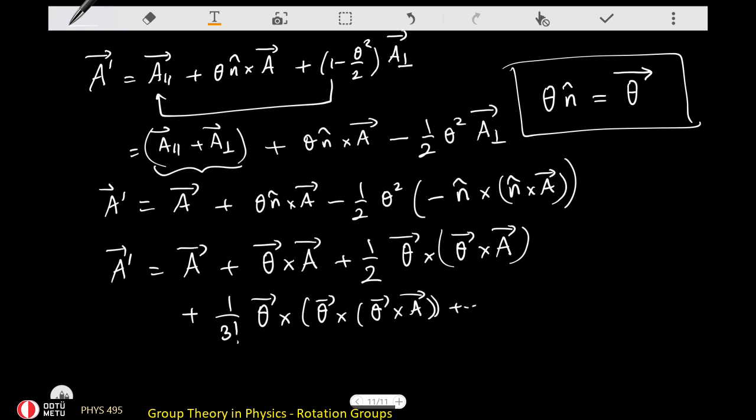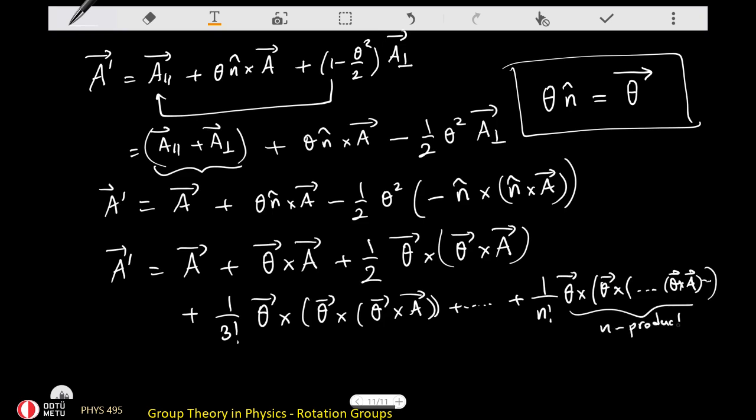And you can see where this thing gets to is as if this is a Taylor series expansion. I'm not going to show that this is the case, but you can easily verify this by yourself. So as a result, there is this n term in here where we have the cross product with theta n times. So as a result, we get theta cross n. There are n times in here, n products. And the coefficient in front is equal to 1/n factorial.